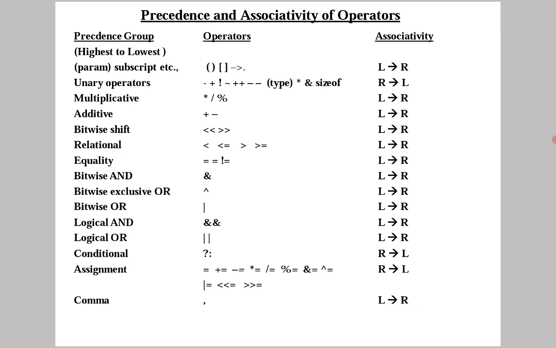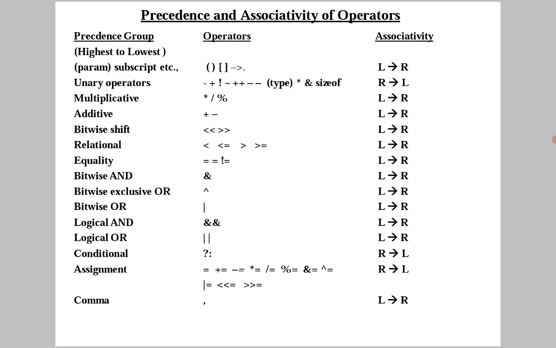Generally bitwise operators operate on a single bit of information. What is a bit? Bit means binary digit, either 0 or 1. Bitwise operators work with or operate on bits, binary digits, such as shift left, shift right, like that.